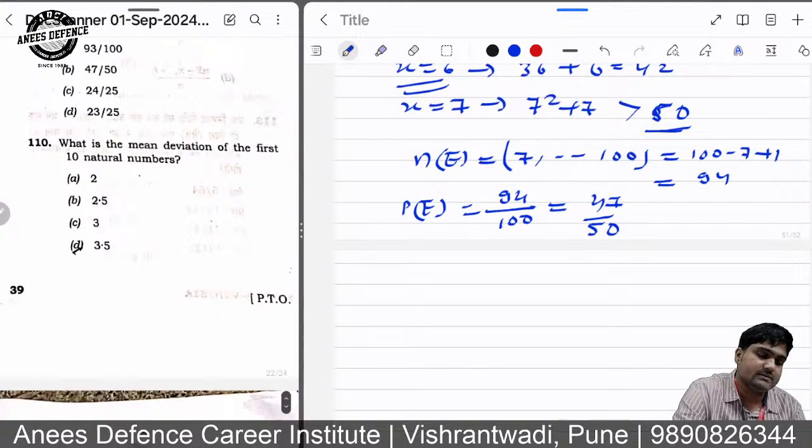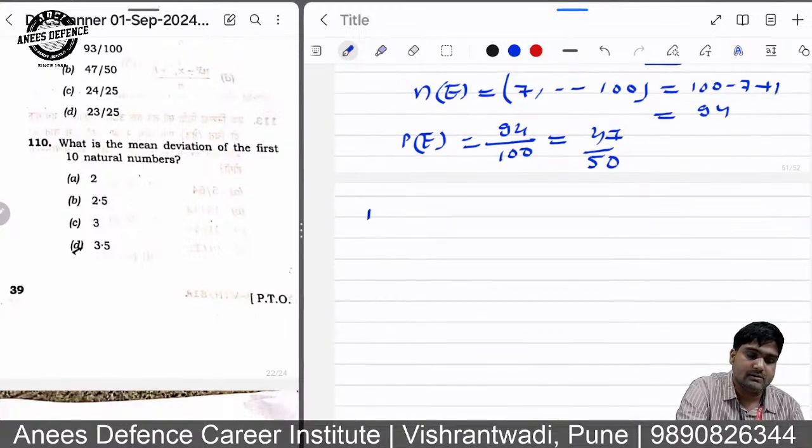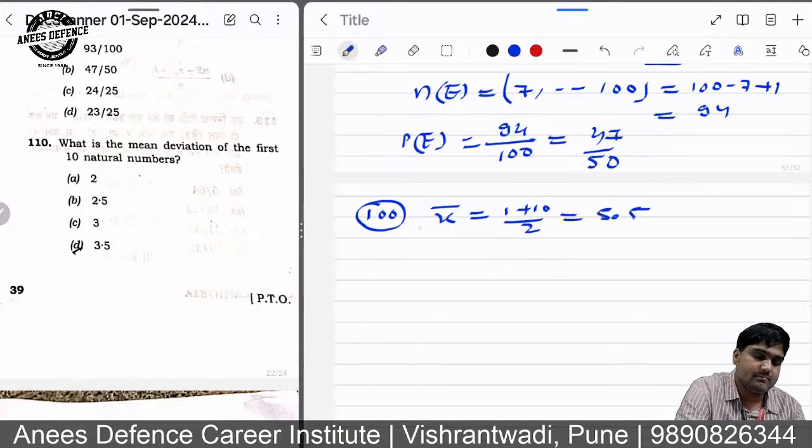Okay, next question. What is the mean deviation of the first 10 natural numbers? First find the mean. The data are in AP, so the mean is the first term plus the last term by 2. So 1 plus 10 by 2, 11 by 2 is 5.5. Now let's find the mean deviation, measured from the mean. We subtract the mean from each observation.